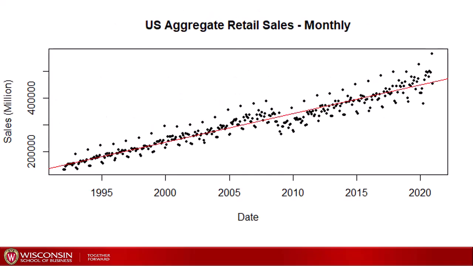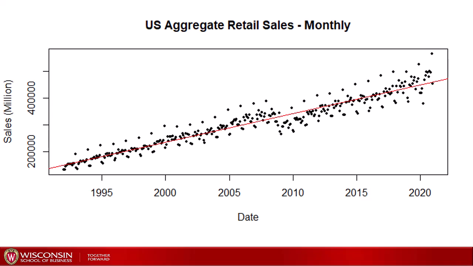To illustrate these various components, I'm going to use the US aggregate retail sales, so all the sales in the US in retail. The data is at the monthly frequency, so each of these points is the aggregated sales in millions for the current month. And you can see that we have a roughly linear trend. It's going upward at a constant rate on average.